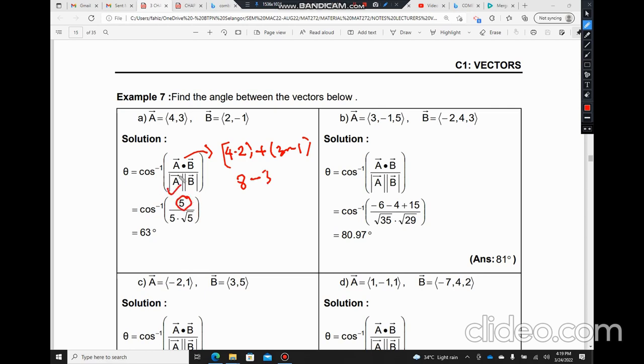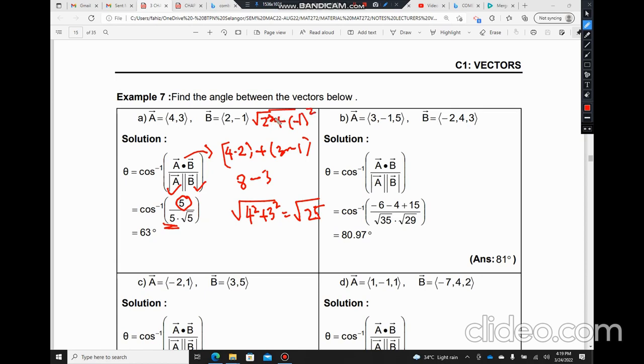And then cari magnitude A. Formula dia 4 kuasa 2 tambah 3 kuasa 2, sama dengan 16 tambah 9 dapat 25. Okay, so dapat 5. Yang ni untuk magnitude A. And then magnitude B kira 2 kuasa 2 tambah negatif 1 kuasa 2.